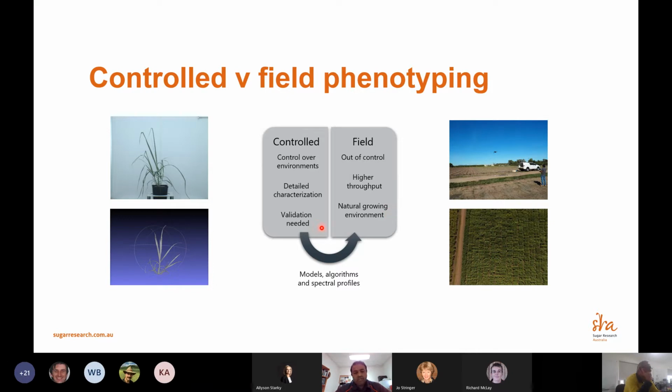You characterize the plant under controlled conditions and develop some models or algorithms or spectral profiles, especially for complex traits, and then bring those models onto the field and test them in the real environment. So they go hand in hand. You need both to make good progress with phenotyping.